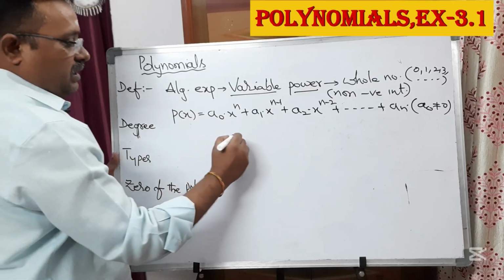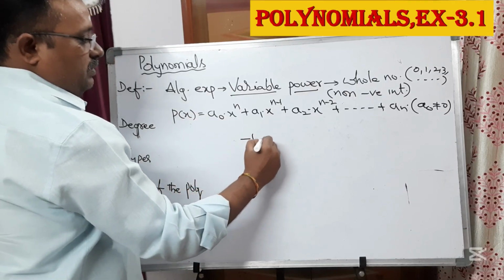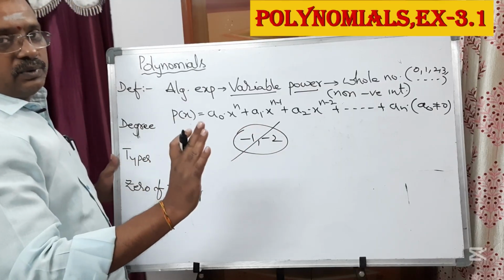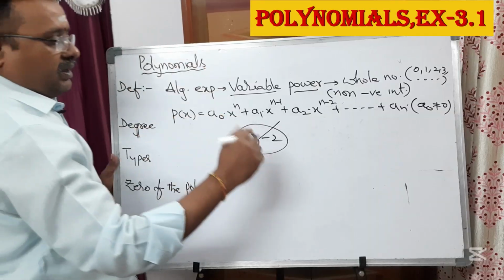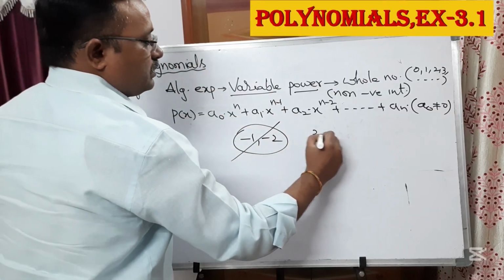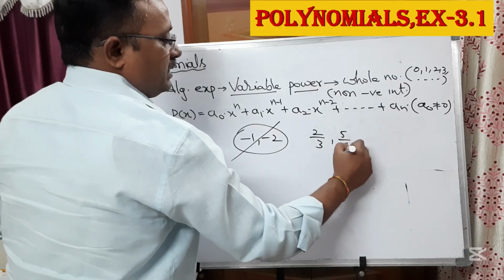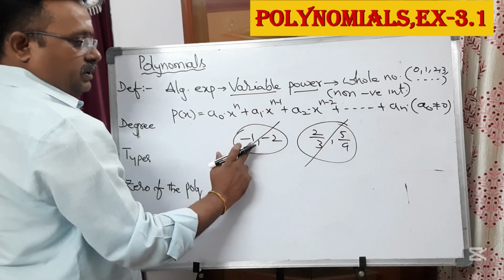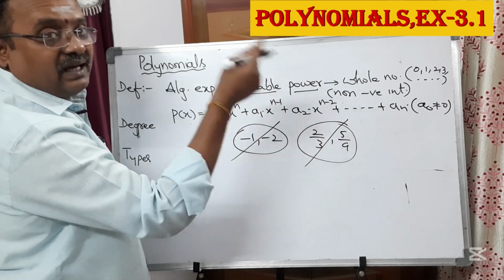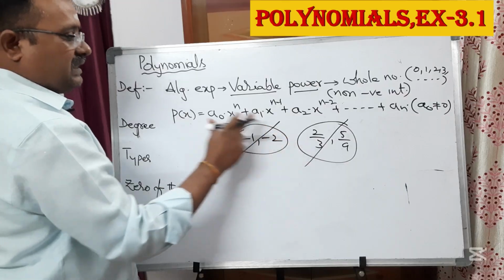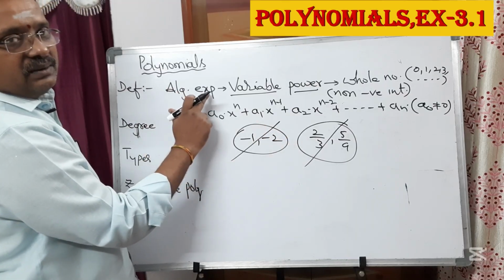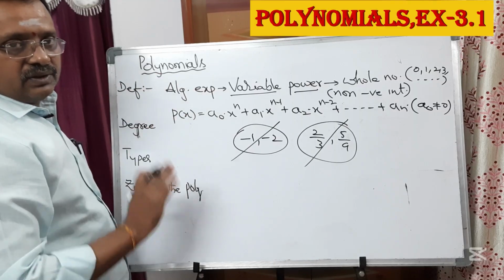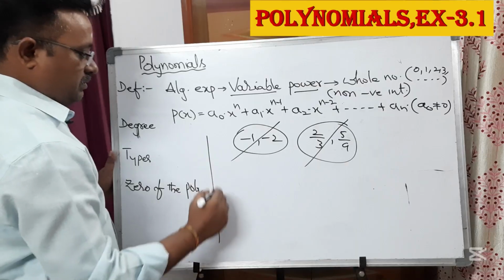We are not supposed to take any negative values, these are not allowed, and we are not supposed to consider variable power as fractions like 2 by 3, 5 by 9, these are not allowed. If the variable power is other than a whole number, that will be called just an algebraic expression. It will not become a polynomial. Understood?